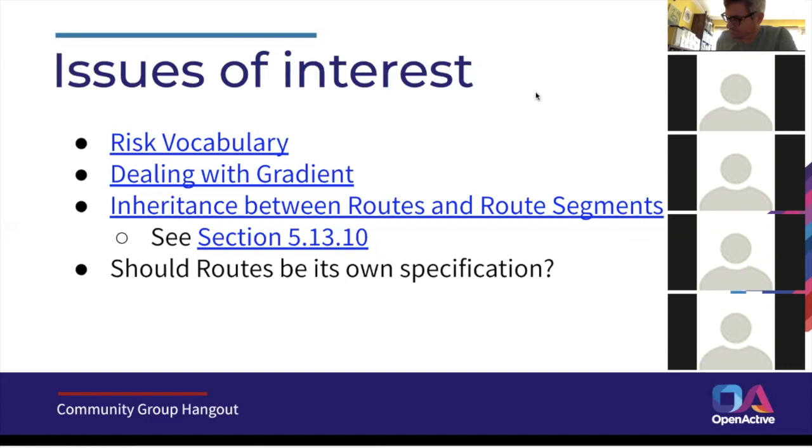But to your question about a standard vocabulary, it feels like one could emerge, but I am worried that, well, I guess you've got the risk description, so you could potentially use that.